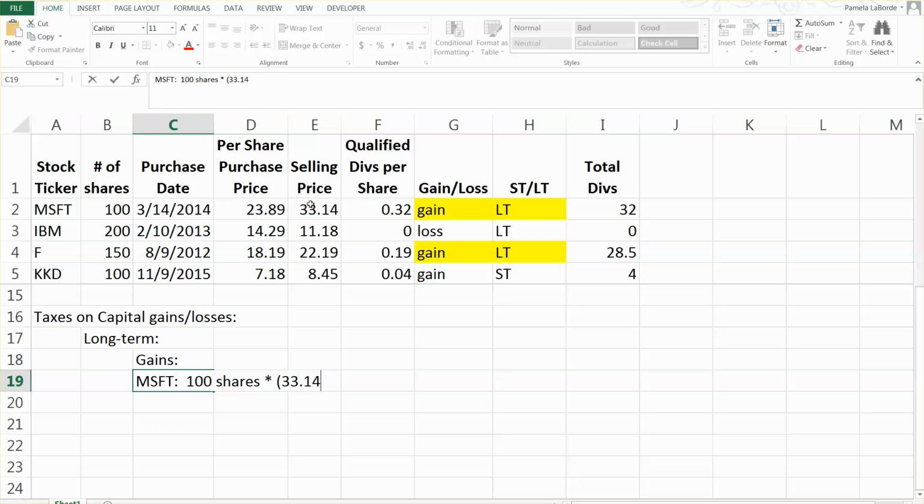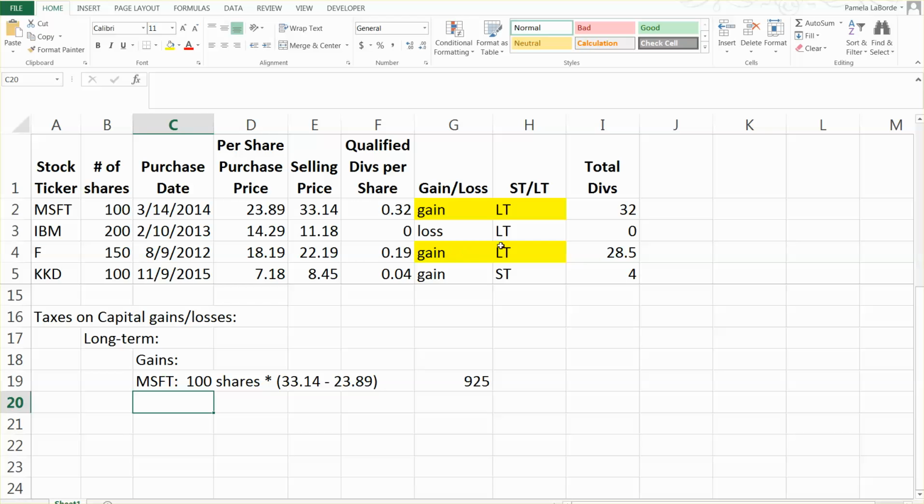So I sold it for $33.14. I paid $23.89 for it. That's the gain per share, and then I multiply by the 100 shares that I own. I'll actually do the math right here. So it's going to be 33.14 minus 23.89 times 100. There's my gain on my shares of Microsoft.